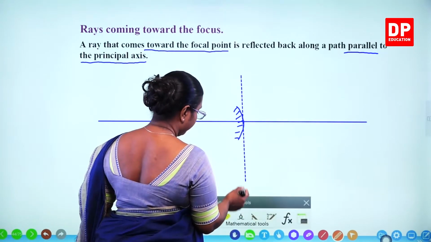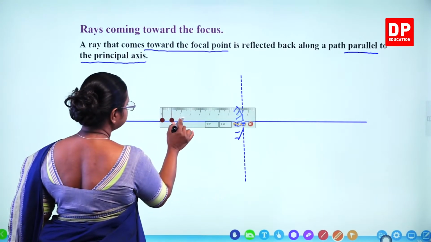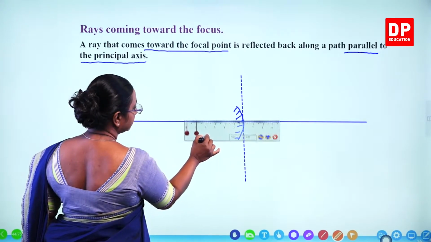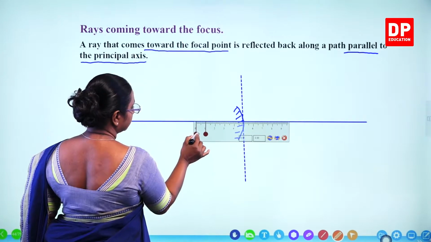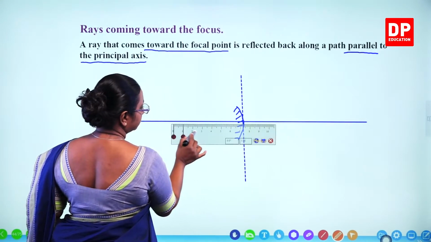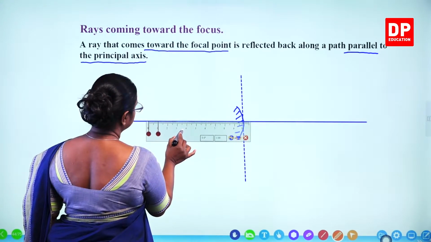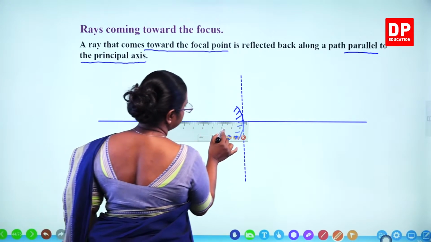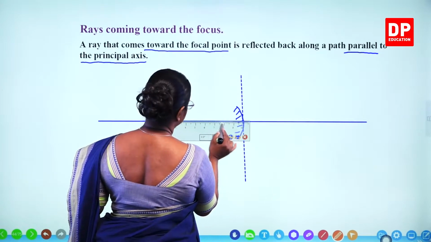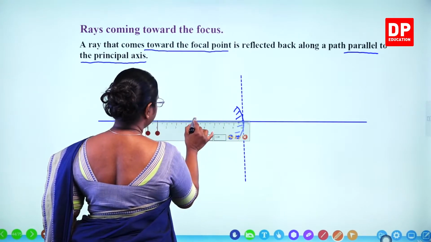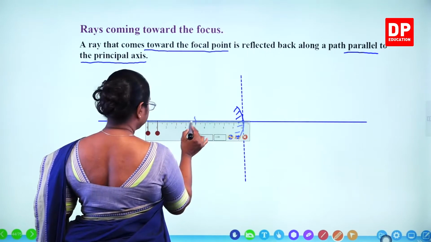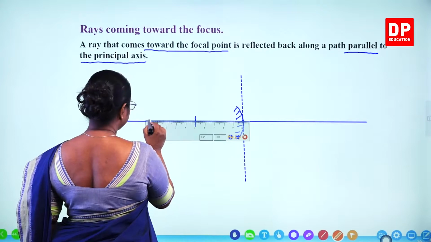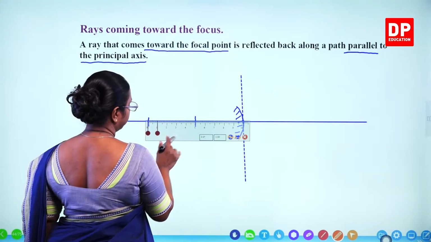So, again I shall mark the focal point. I will mark it here, and the center of curvature at this point.